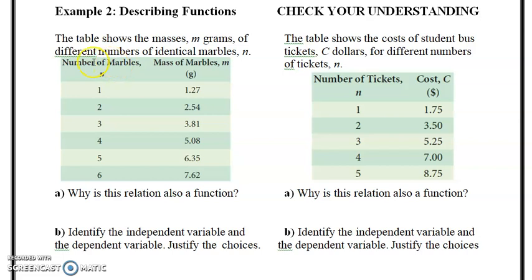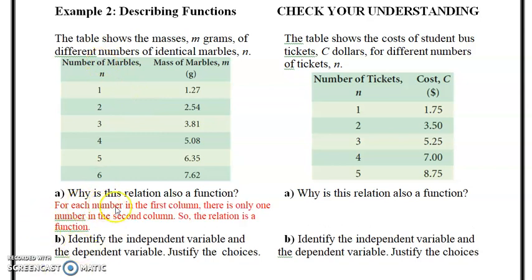Right here we can see that for the number of marbles, we don't have anything repeating twice, so it is a function. To show this in words, for each number in the first column, there's only one number in the second column, right? If a number like 1 or 2 were repeated in the first column, it would not be a function. And obviously it's 1 through 6, it's not repeated, so this is a function.